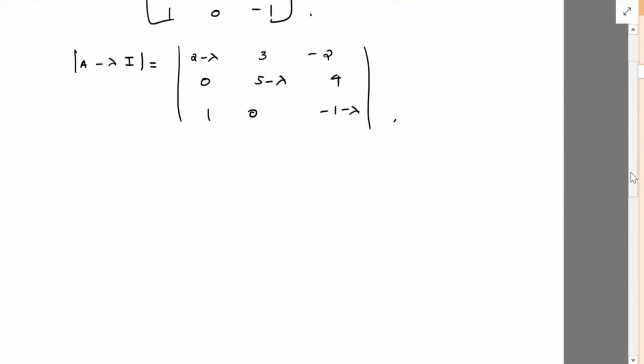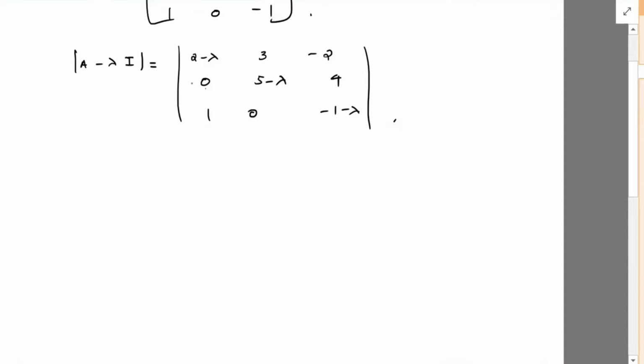Now, how will you take the determinant? We can find the determinant in different ways. We can use the first row, or we can use the first column. I am using the first column because there is a zero in the first column. You can see that the second element in the first column is 0.